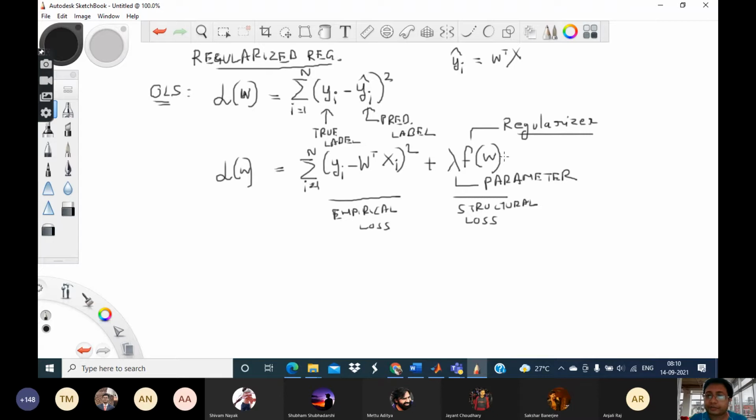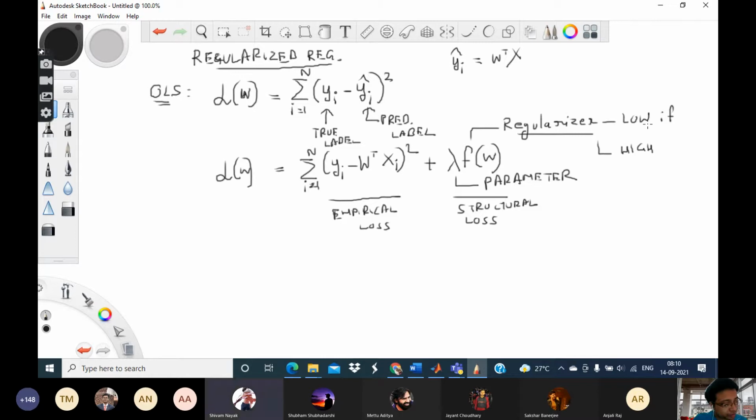The regularizer function is such a function which will take a low value when? When W and W naught are similar. That is a particular case which we discussed yesterday.